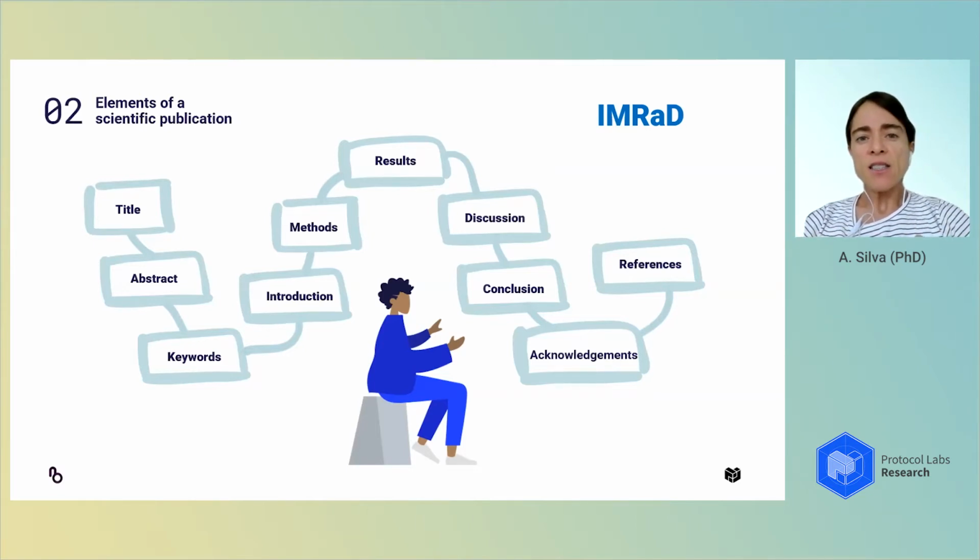And the title and the abstract are like the visiting card of a publication, in the sense that in the vast majority of cases, that's what the reader has free access to.